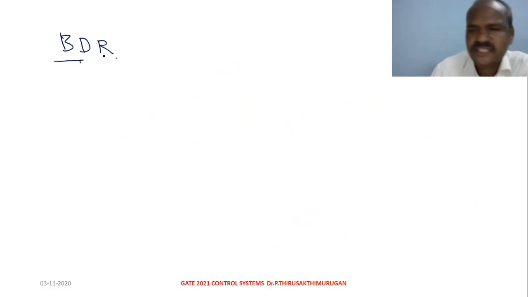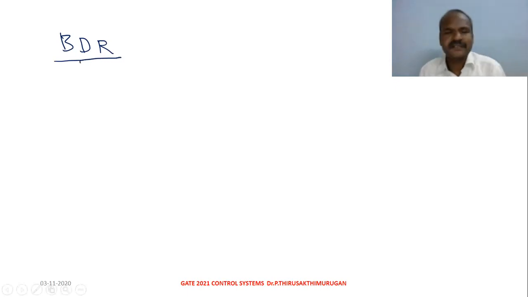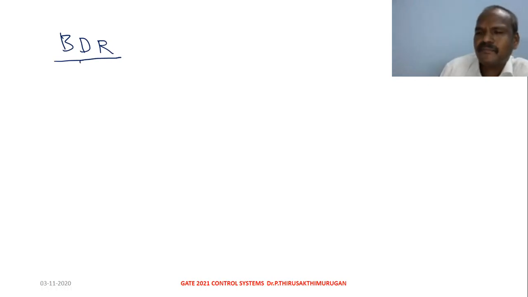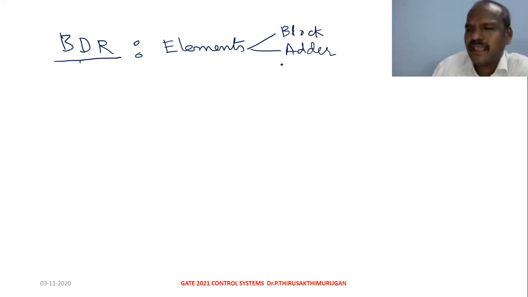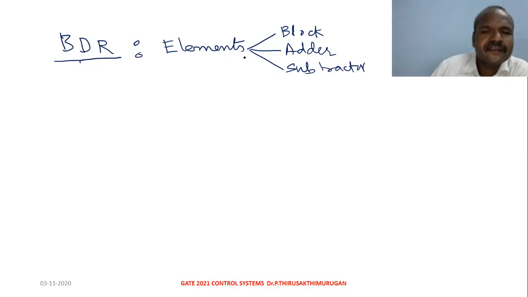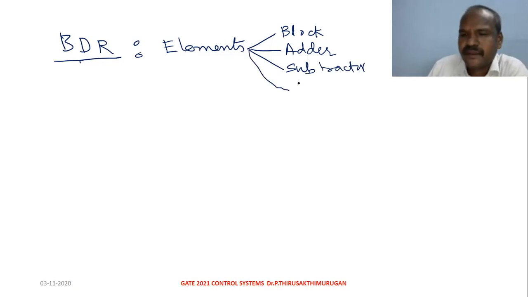The various elements used in BDR are: block, adder or subtractor, and takeoff point.